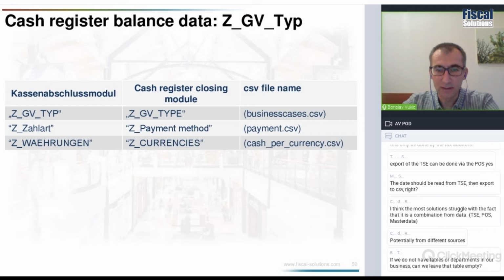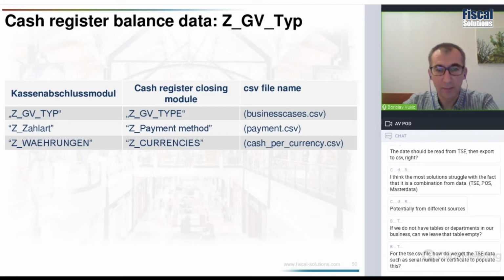Free files: GV type is for business operation category. The totals are displayed separated by GV name, and the possible business operation types are shown in the appendix, which is part of DS FinVK. Each method has its own payment type, so it is also part of an appendix definition. And for the currencies, the totals are shown in this file.